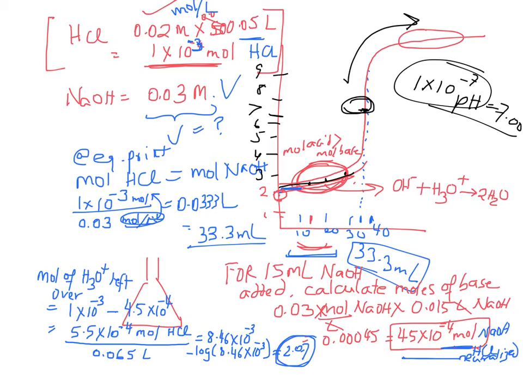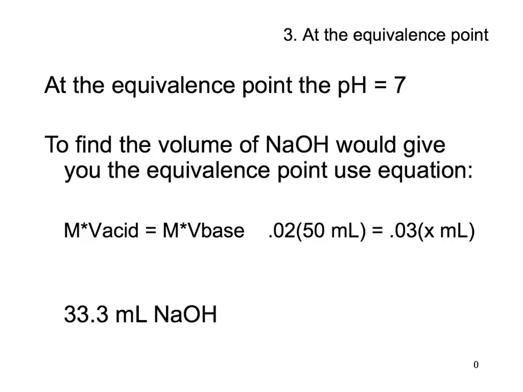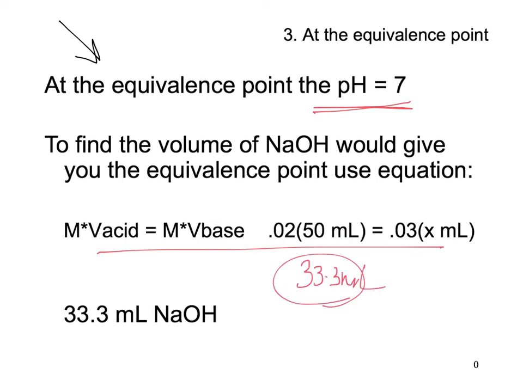So that's what we are going to take a look at. This is what I say here as well, that at the equivalence point, pH is 7, and we already determined that this value was 33.3 milliliters, and the pH is going to be set at 7. So that was pretty straightforward.